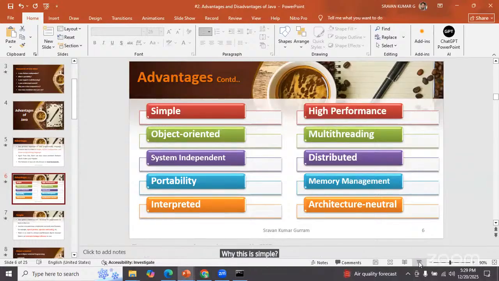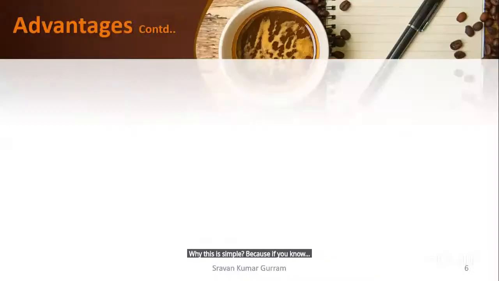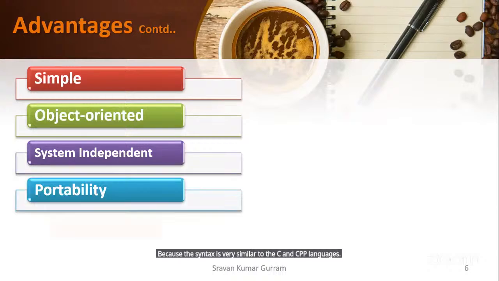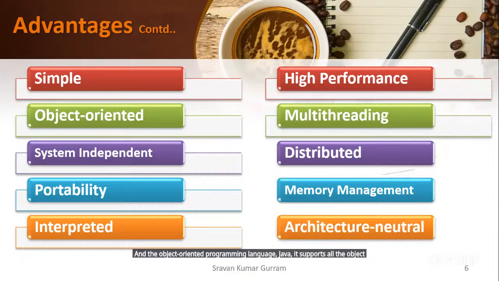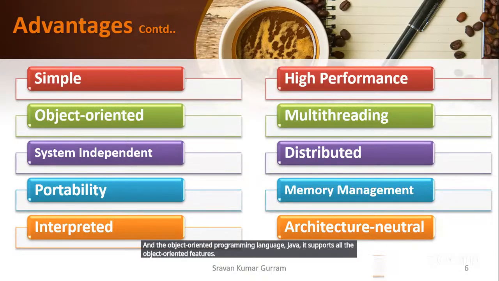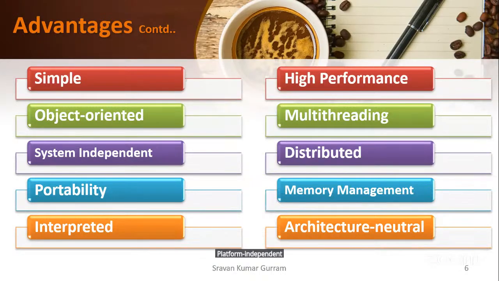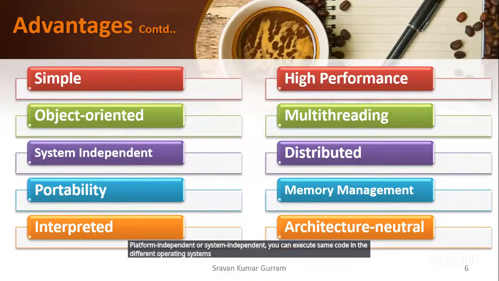Because the learning process is very easy, because the syntax is very similar to C and C++ languages. And object-oriented programming language, Java supports all the object-oriented features. Platform independent or system independent, you can execute the same code in different operating systems. Portability, same result in different systems.